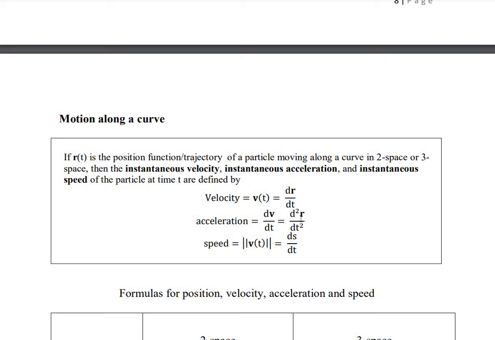So that will be equal to the second derivative of vector r with respect to t, and speed is the norm of this vector variable function vector v of t. So that is equal to ds by dt.